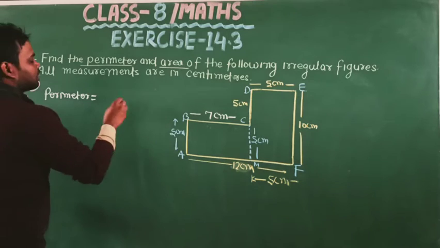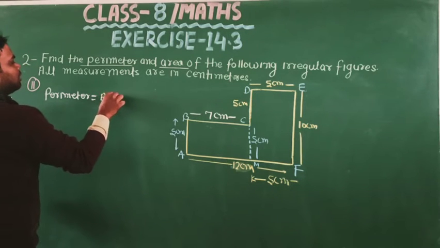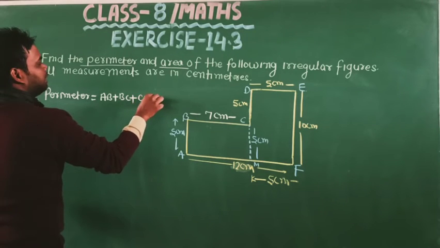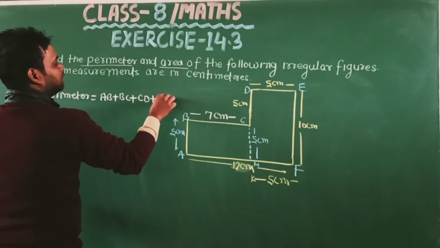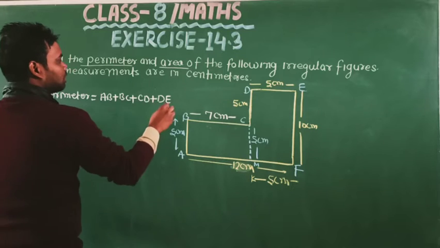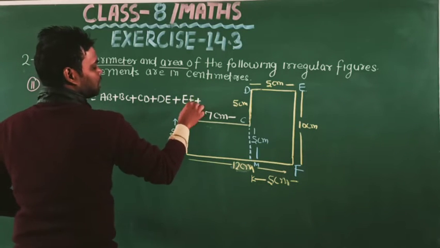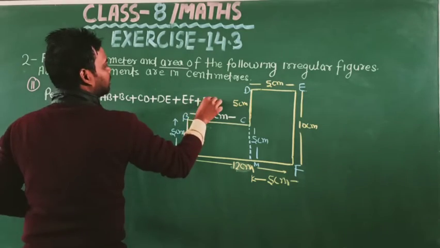So perimeter equal to side AB plus side BC plus side CD plus DE plus EF plus FA. Okay.